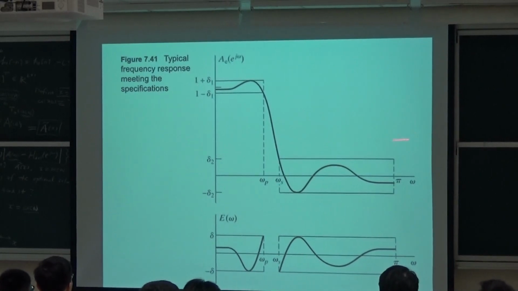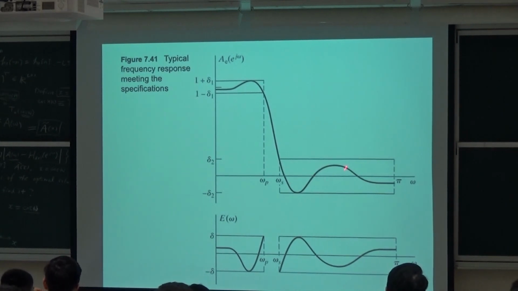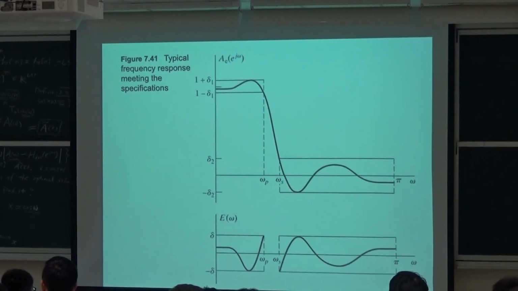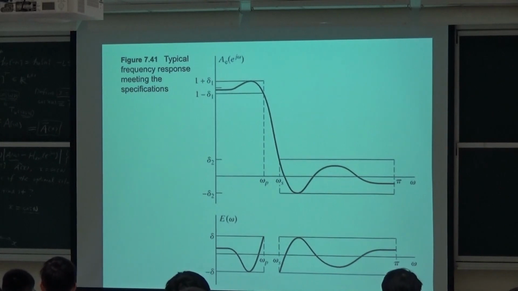This is a typical frequency design. Now we want to imagine that every design has a corresponding polynomial after the change of variable from omega to x equals cosine omega. Of course, we can define an error, which covers the pass band and stop band.